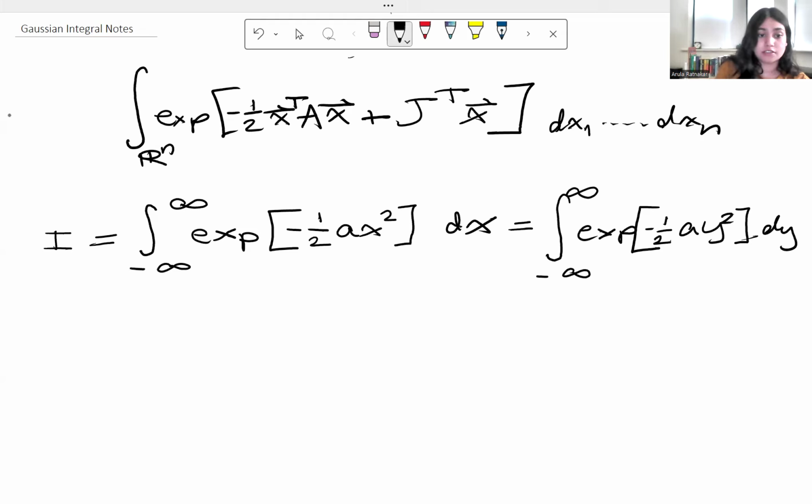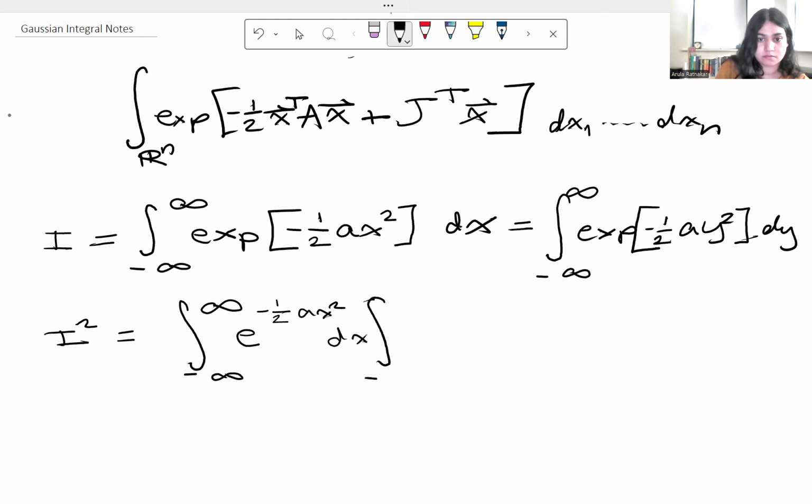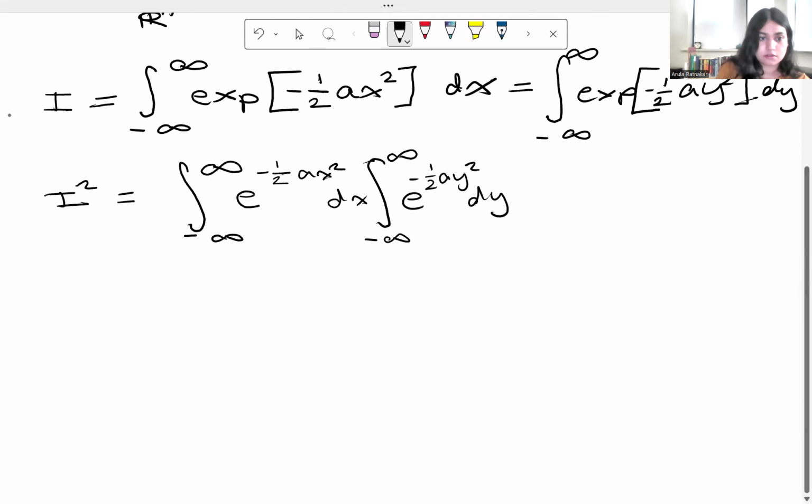So if we take I squared, we can multiply these two, move this inside, and combine these things.